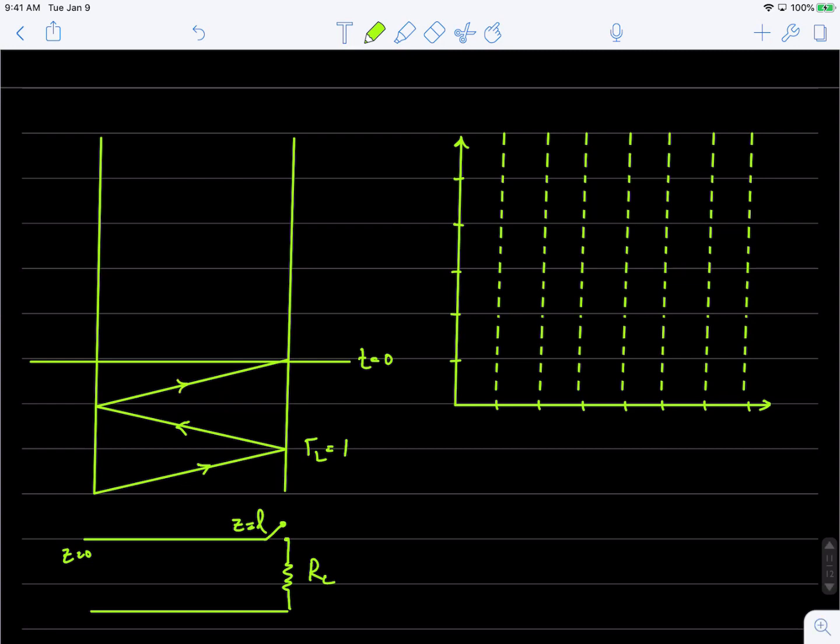Before we draw any conclusion, let's see what happens to the voltage on the load side. We have said that this equals V naught before t equals 0; its initial charge is V naught. Before t equals 0, the total voltage is the sum of the forward and reflected waves. Here there is no absorption of any sort because it reflects all the way.